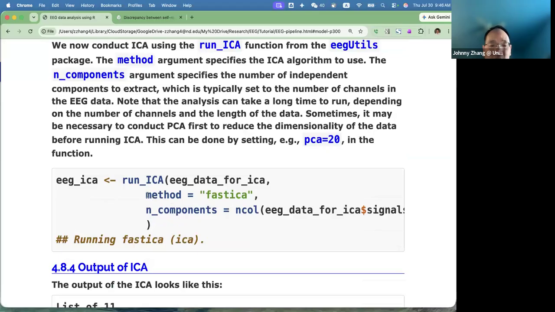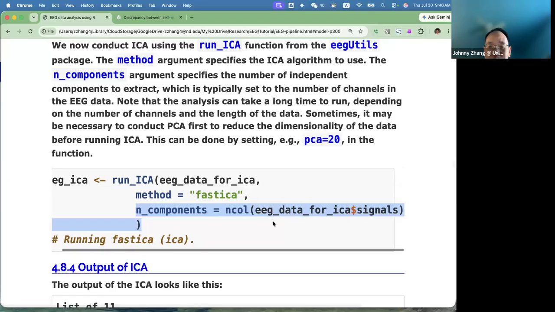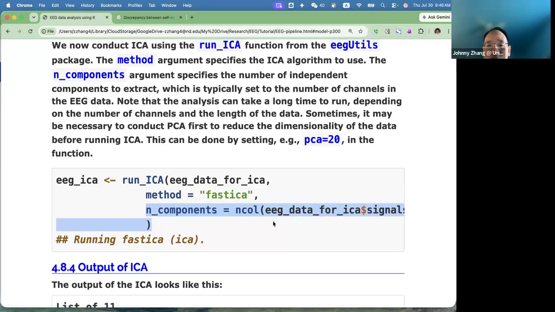I use the fast ICA method to do the ICA analysis. For the number of components, you can just keep the same number of components as your channels. This is what I did here. After removing the bad channels, I have a total of 59 channels, I think.